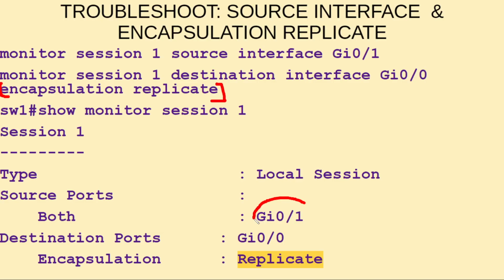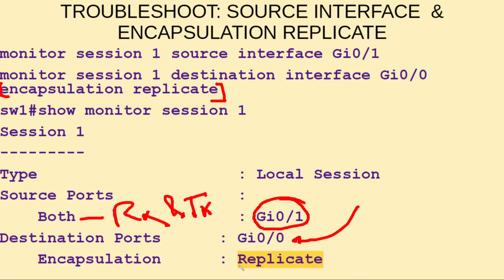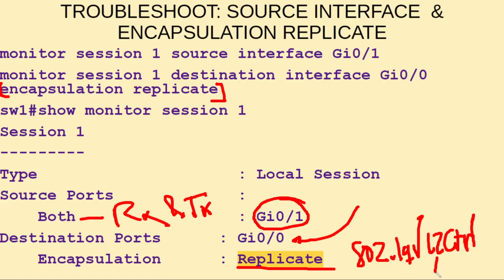So we have one source interface that is sending both transmission and reception to this destination interface, and we are going to replicate the source. So we are actually sending 802.1Q tags and layer 2 control frames.